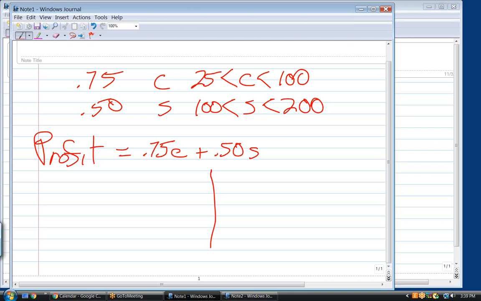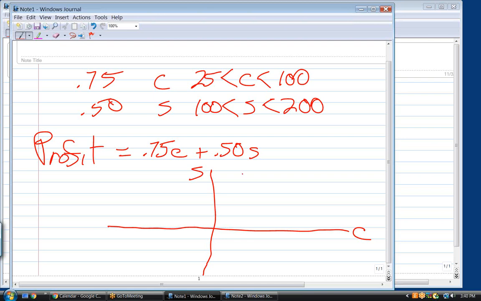Now, how I do it is by drawing my constraints and labeling the axes as candy and soda.